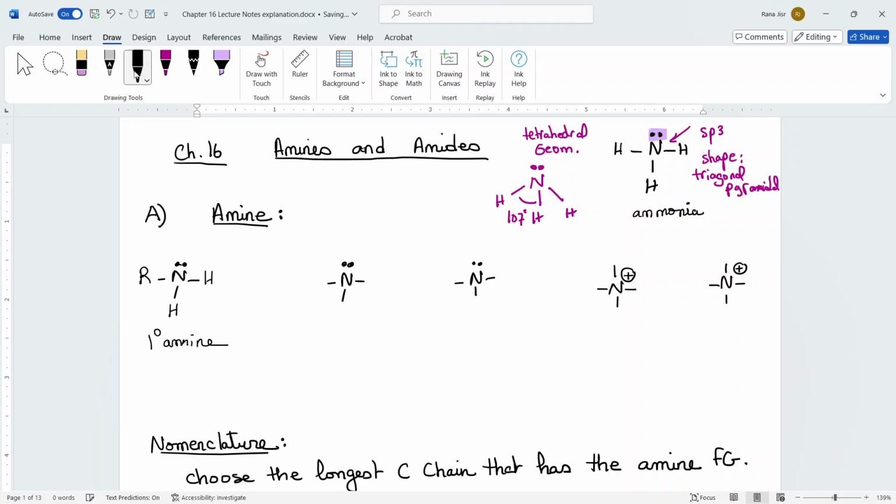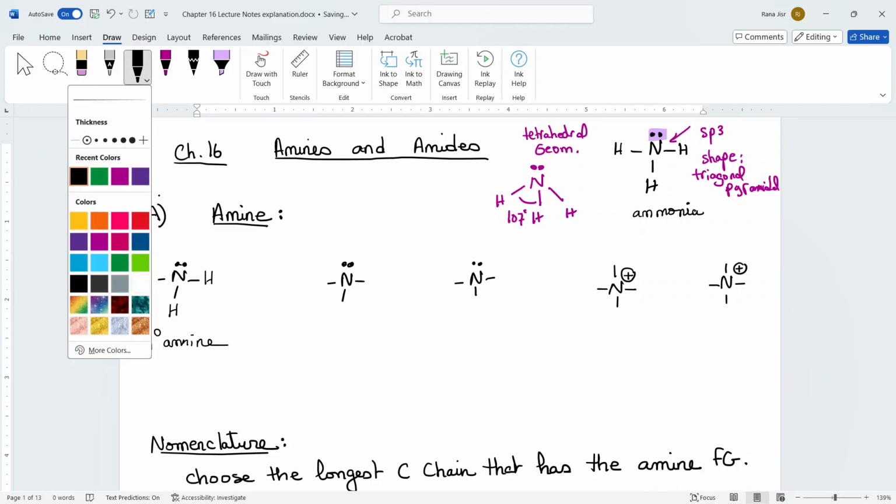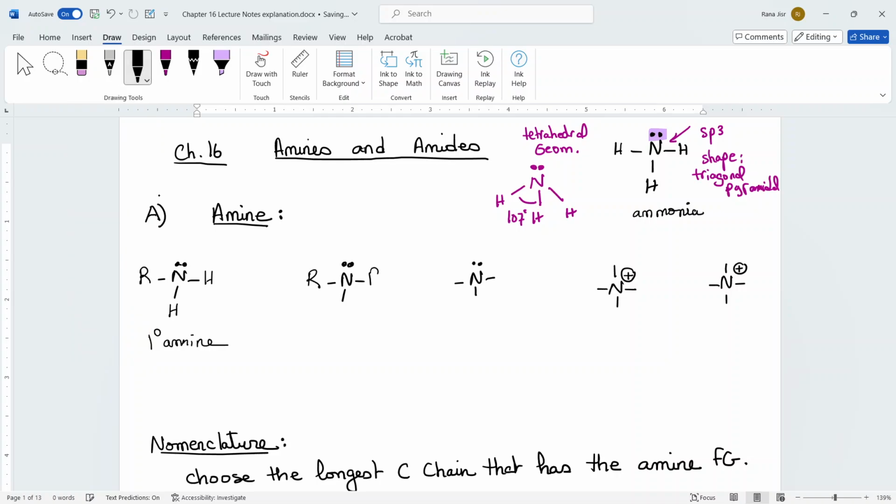If the amine is connected to 2 carbon chains and a hydrogen, then that is called a secondary amine. And if the amine is connected to 3 carbon chains, no hydrogens, then this is going to be called a tertiary amine.